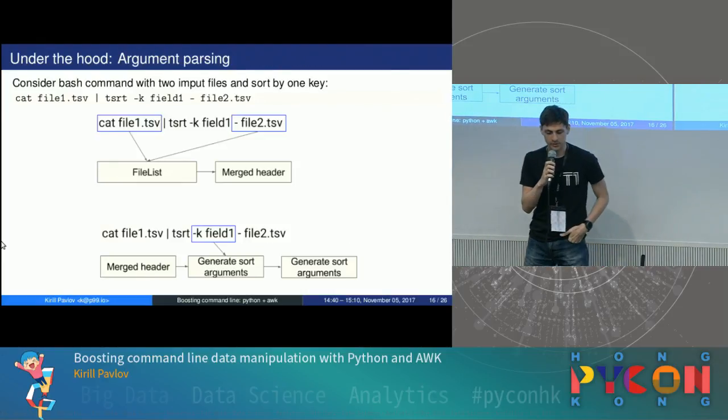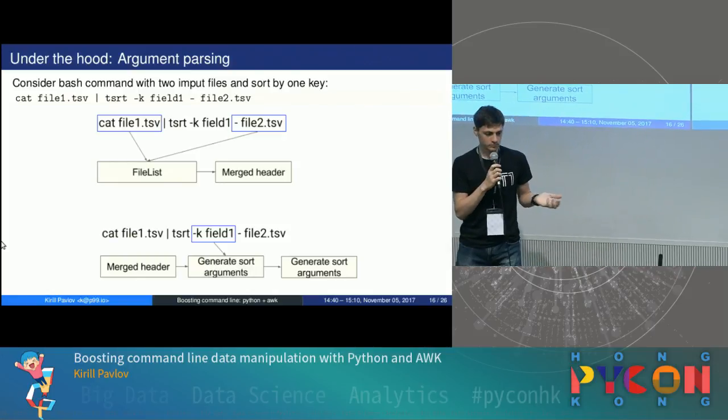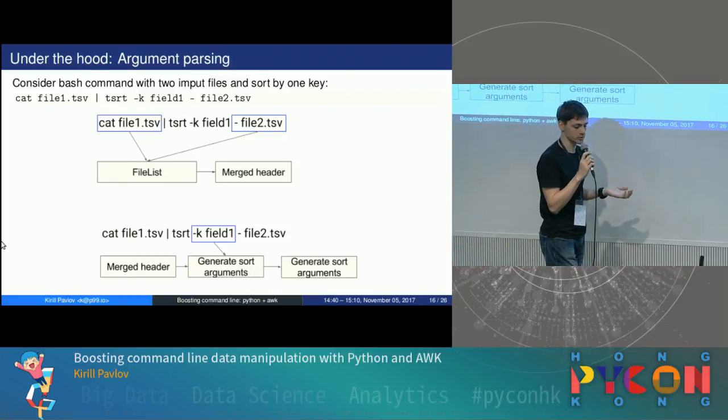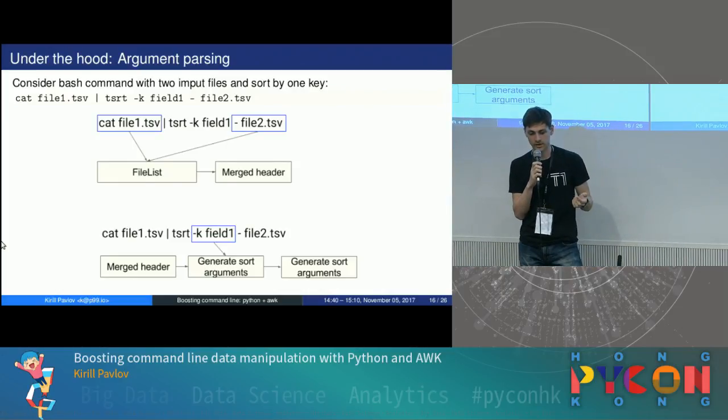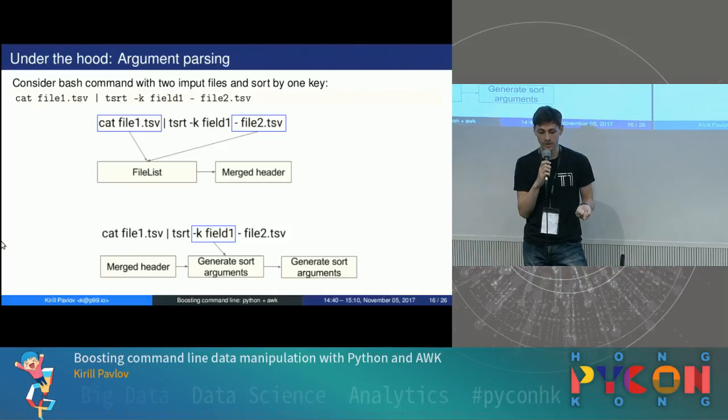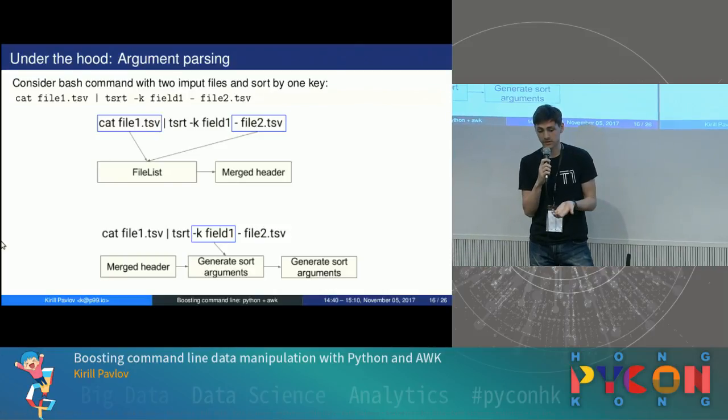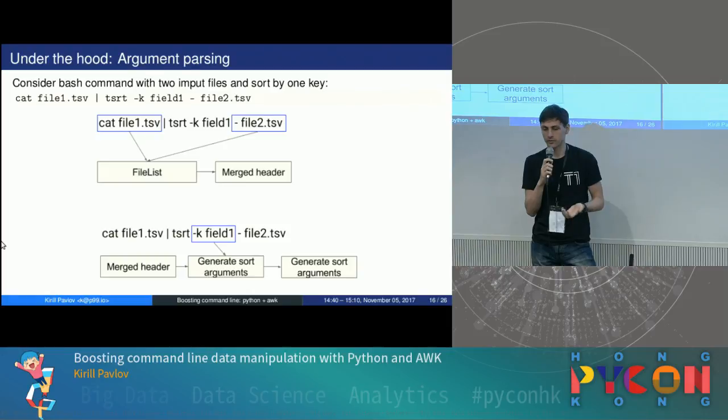Let me show you an example. So let's say we have file 1, we just got it, and then we send it to the sort function, which has a key. A normal sort function would have a key like 1, 2, 3. So you need to actually specify the column number, while here you could just say field. Why is that good? It's because if you work with feature generation, then you would have a lot of columns.